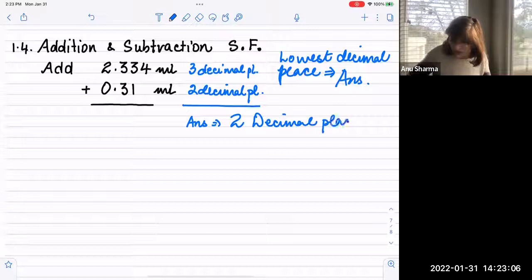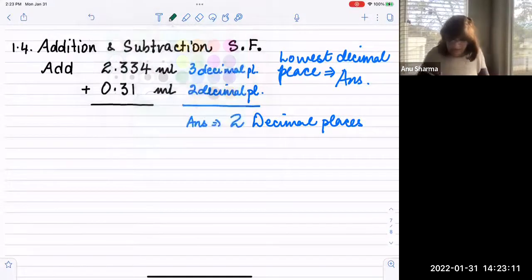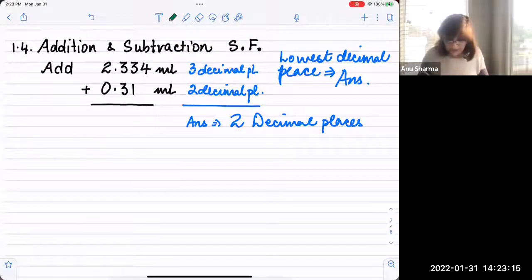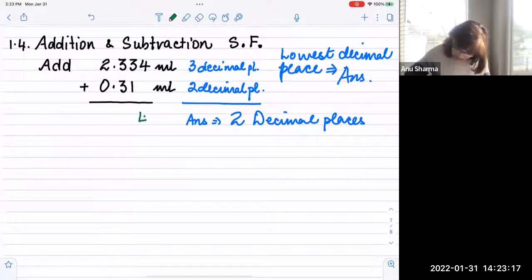So now let's do this. These are the 2 numbers you are adding: 2.334 and 0.31. The 4 is just brought down as it is, 3 plus 1 is 4, 3 and 3 is 6.